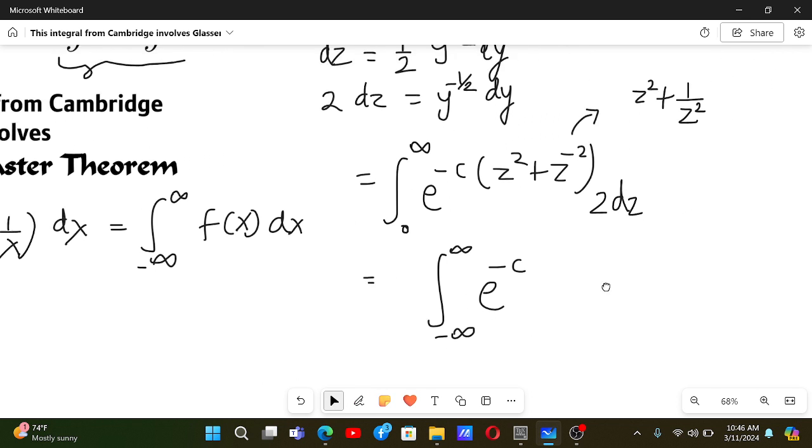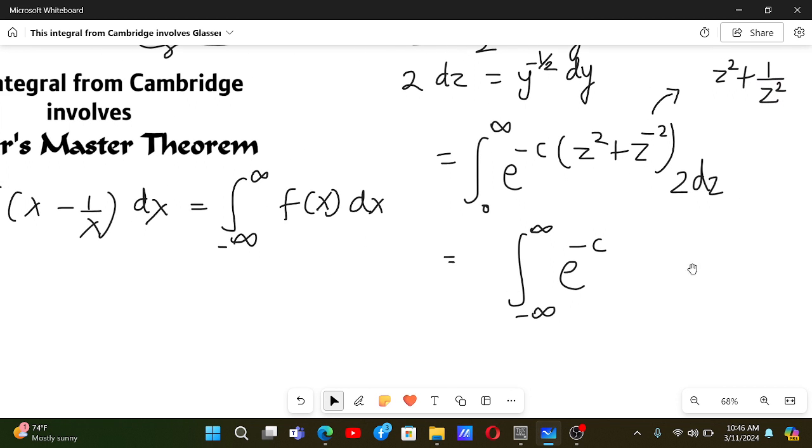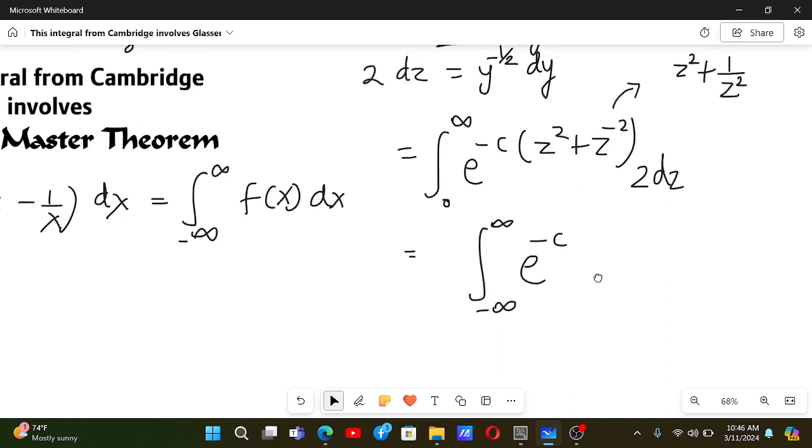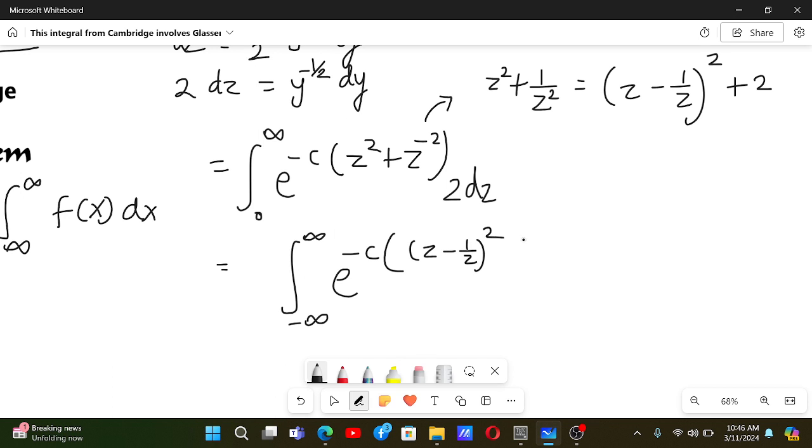Then we take g square plus 1 by g square as a function of g minus 1 by g, and we can do that simply from the square formula: g minus 1 by g whole square plus 2, and then dg.